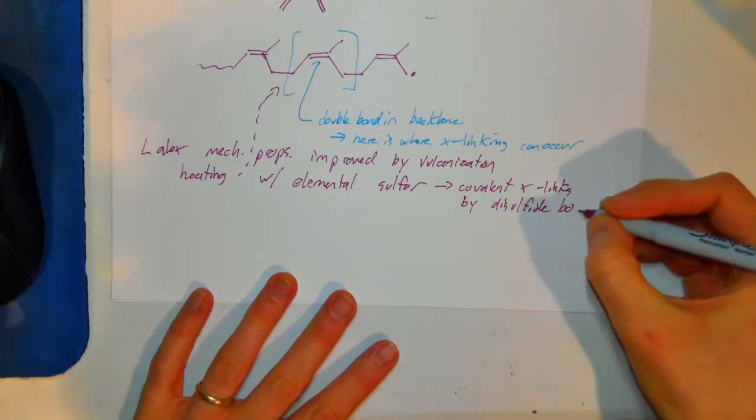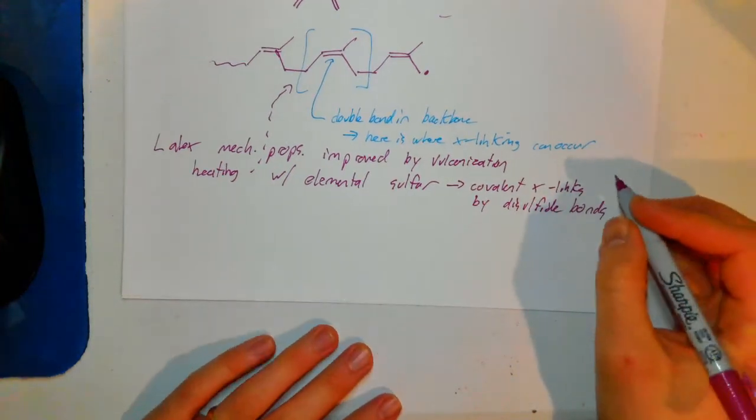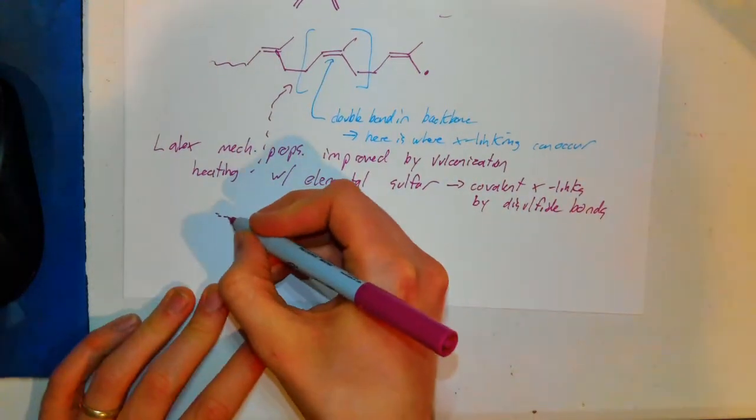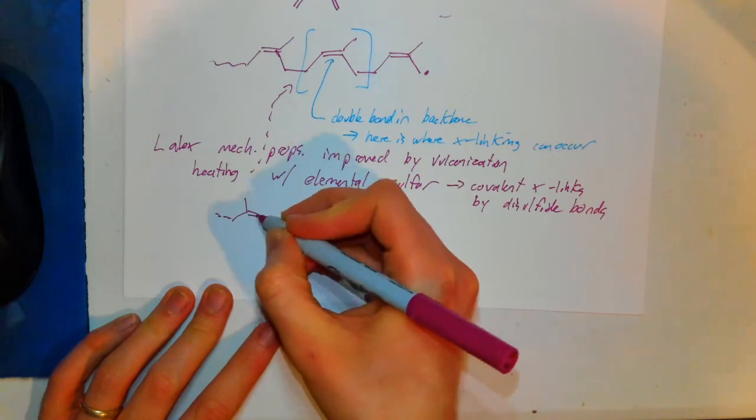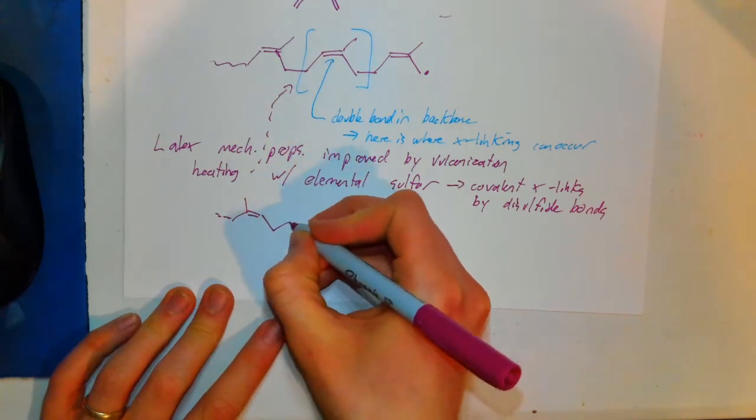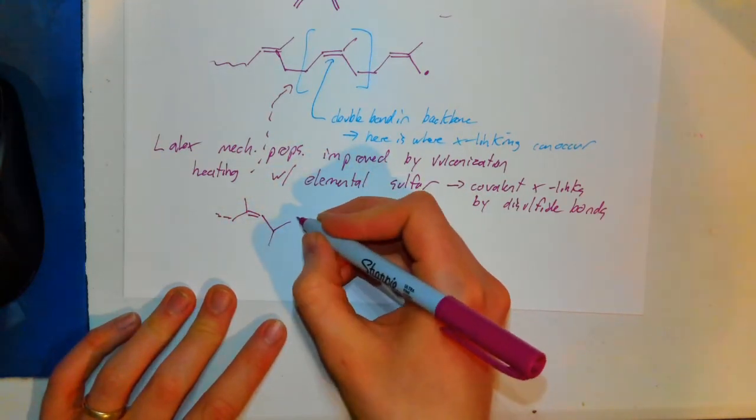By disulfide bonds. So what does this look like here? Well, you can imagine there might be one polymer chain that looks like this.